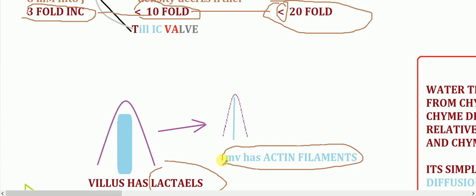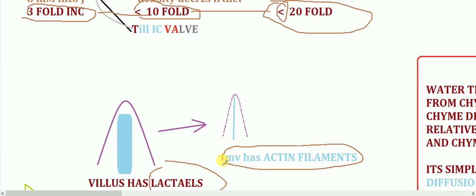Which one of the following has lacteals, villi or microvilli? Villi, not microvilli. Which one of the following has actin filaments? Microvilli. Why? Because they have to move, they have to wave in order to get in contact with new incoming chyme and incoming intestinal fluid.